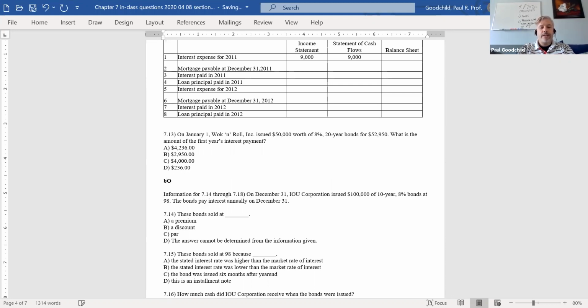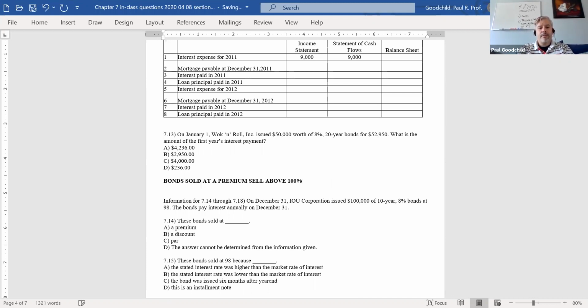And so bonds sold at a premium sell above 100%. Bonds sold at a discount sell below 100%.